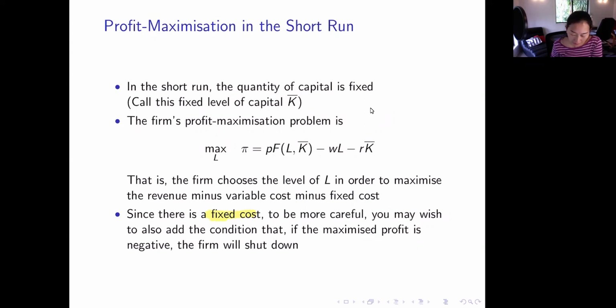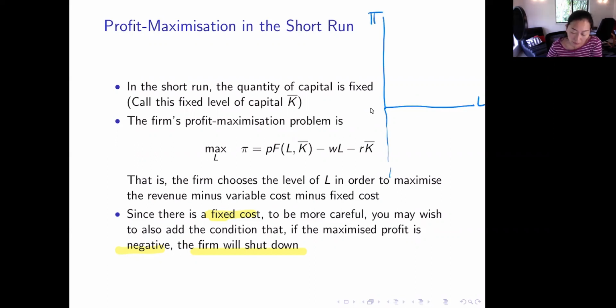profit is negative, the firm will shut down, because it is possible that your profit function may actually be negative. Let's say this is L, this is your profit.